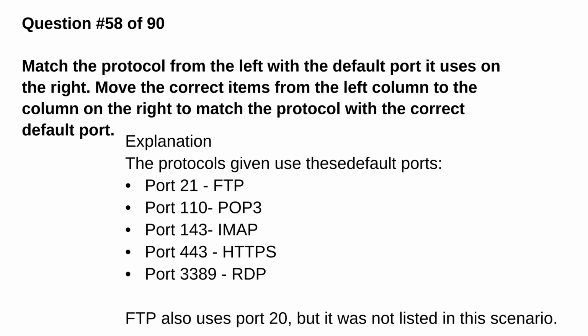Port 143 uses IMAP. Port 443 uses HTTPS. Port 3389 uses RDP. FTP also uses port 20, but is not listed in this scenario. I'm just going to give you a moment to look at this slide if you can.